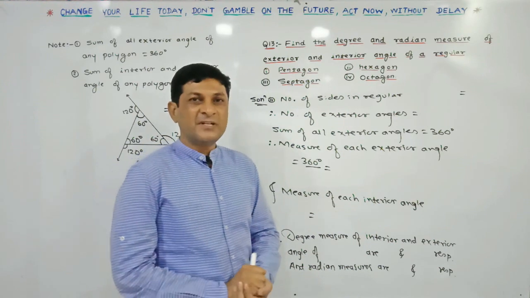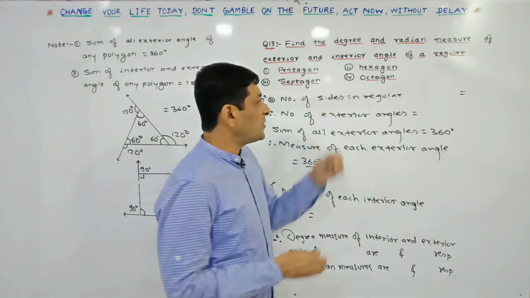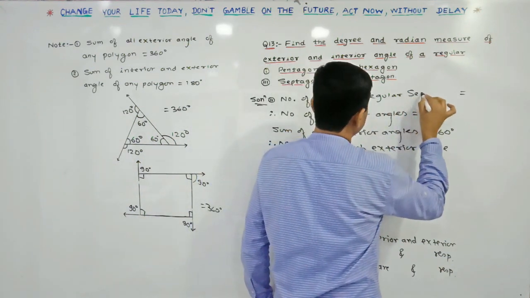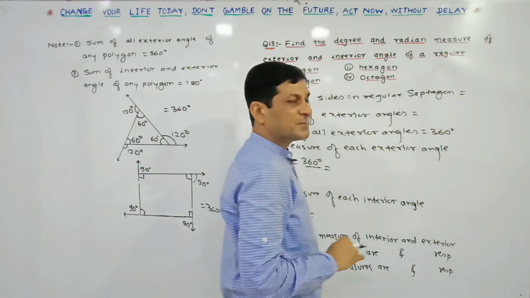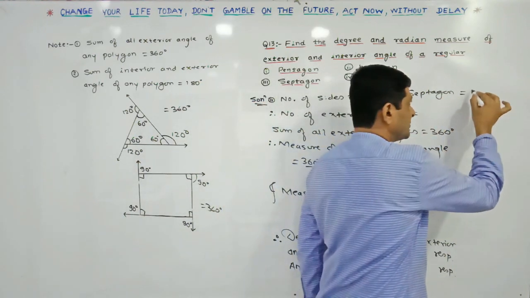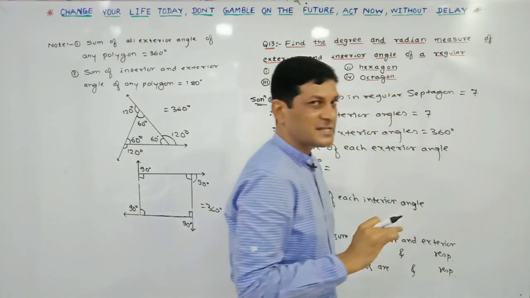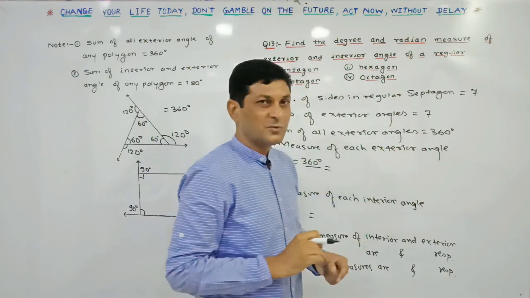Now see example number 3. In this example, the next polygon is the septagon, S-E-P-T-A-G-O-N, septagon. The number of sides in a septagon is equal to 7. Since 7 sides are there, definitely how many exterior angles are there? 7. We know that the sum of all exterior angles is equal to 360.